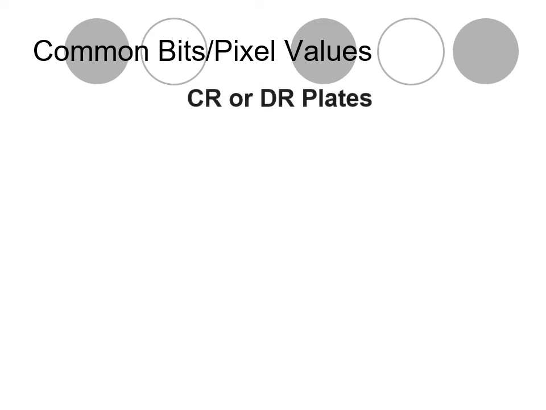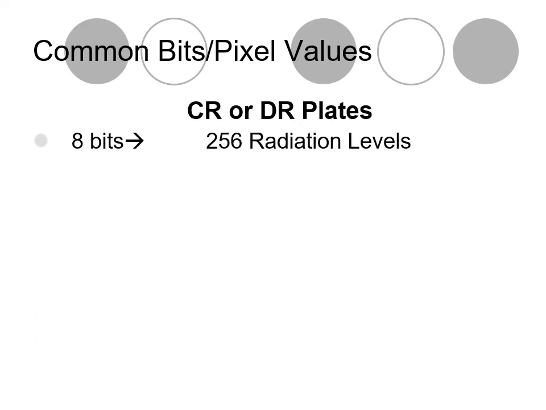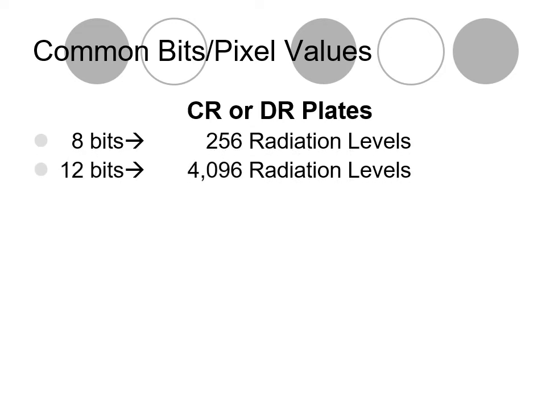Some common bits per pixel ranges used in radiography are 8 bits per pixel, which can record 256 different radiation levels. This value was used in early systems and is not in use today. 12 bits per pixel can record and display 4096 radiation levels, and that many shades of gray are possible.